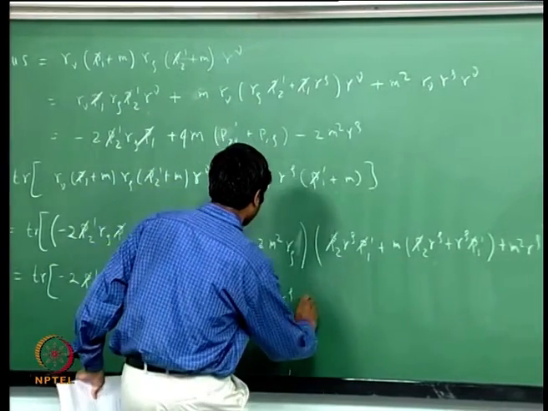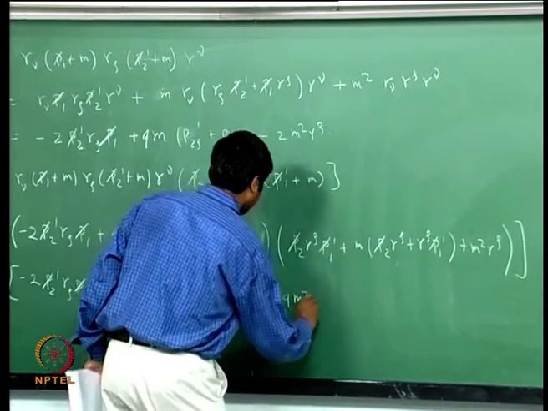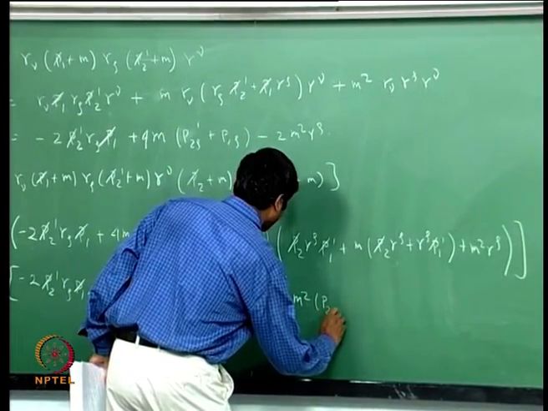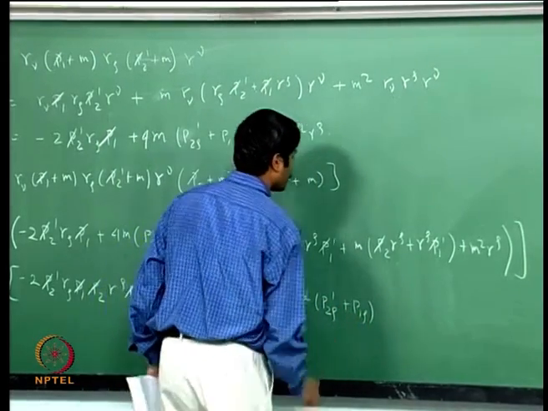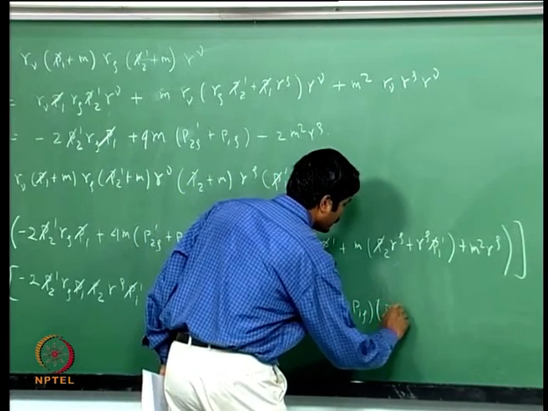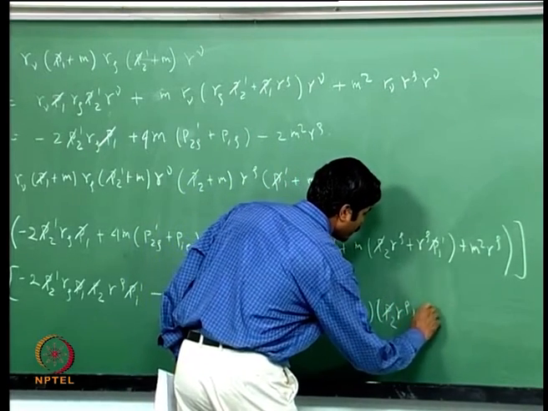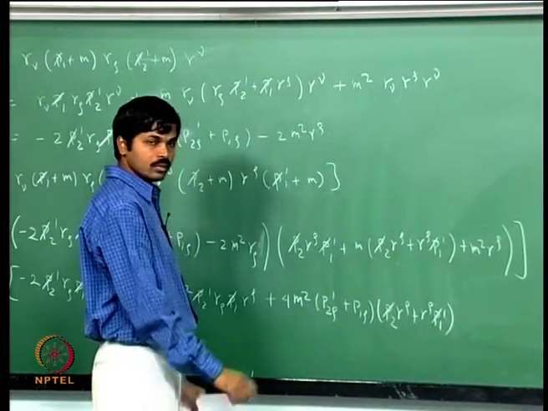So, what I have is 4 m square (p 2 rho prime plus p 1 rho), then p 2 slash gamma rho plus gamma rho p 1 prime slash. Okay.